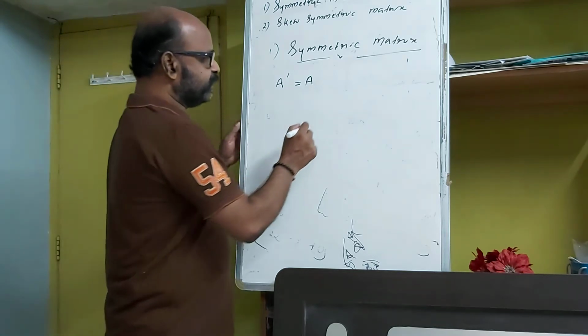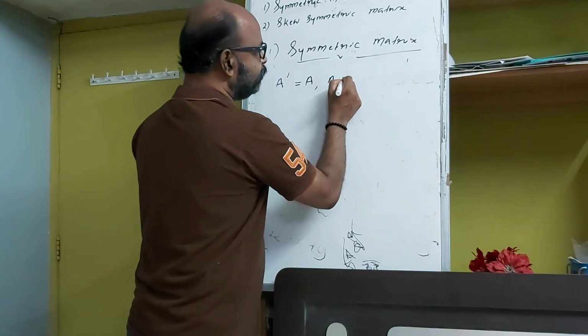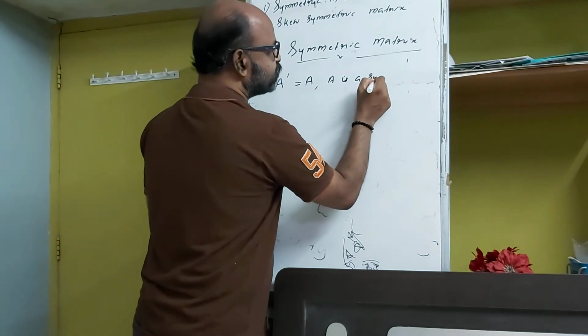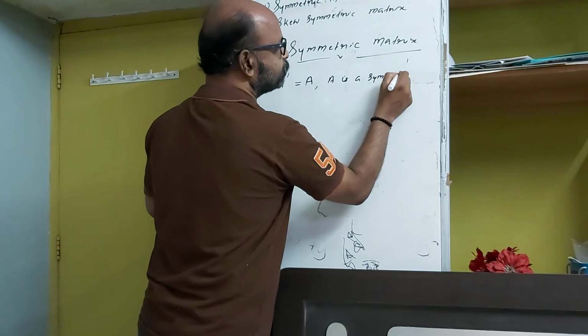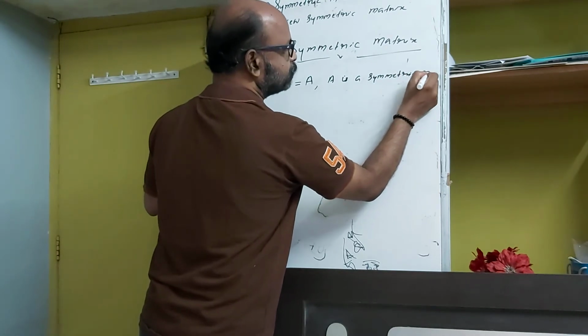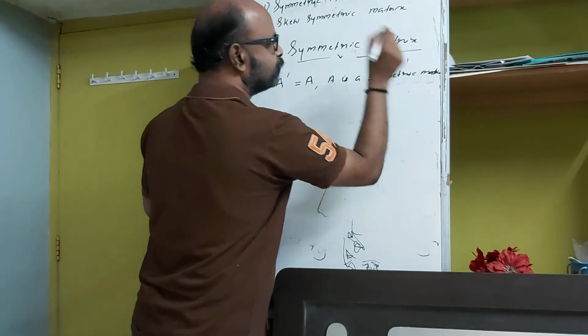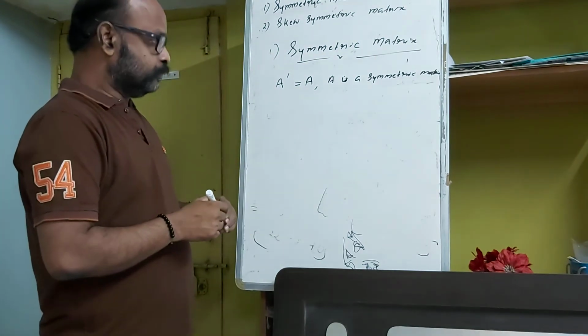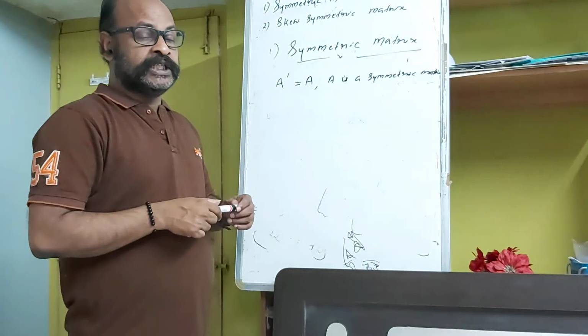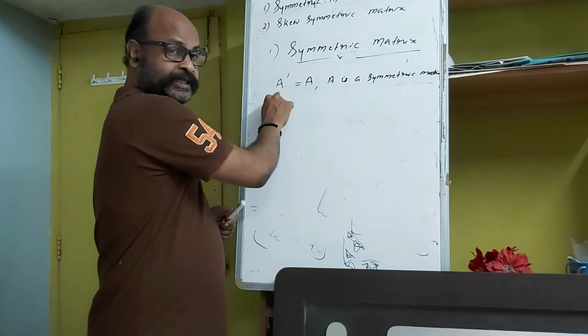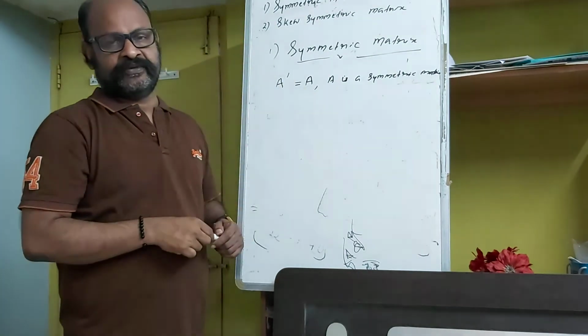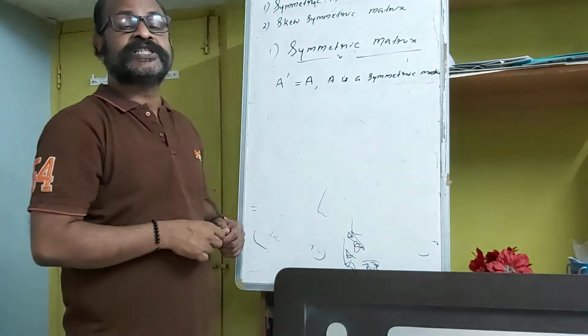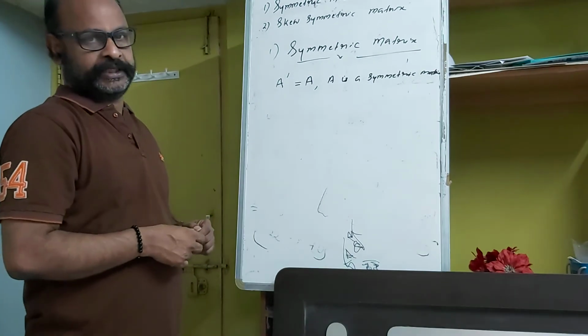In such a case, we say A is a symmetric matrix. So if the transpose of a matrix is the matrix itself, then the matrix is known as a symmetric matrix.